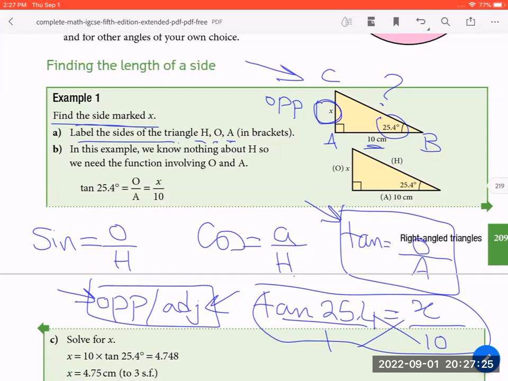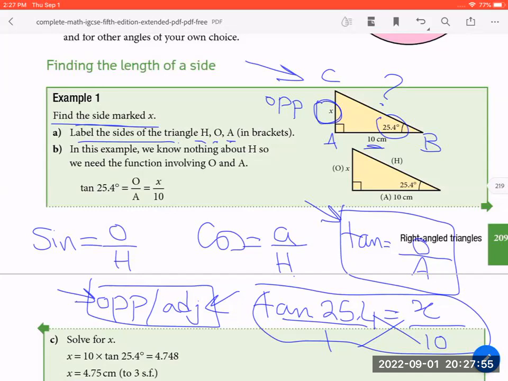Can you repeat what I have said, please? Yes. So right now we're trying to find the opposite, and we only have the adjacent. For sine, it is opposite over hypotenuse. Cosine is adjacent over hypotenuse, and tan is opposite over adjacent. So we want the rule which includes both opposite and adjacent, so we can find the opposite.